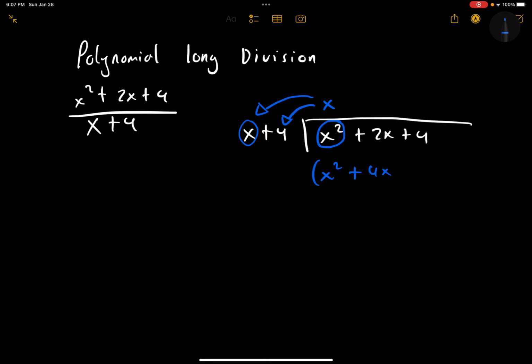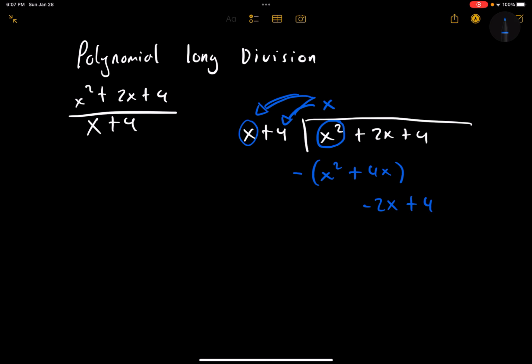And what we do is we take away here, put a negative always into everything you multiplied with, right? And so you do x squared minus x squared, because obviously negative, which is 0. So those two cancel out. And then we do 2x, because we're looking at the top, negative the bottom. 2x minus 4x, because of the negative, don't forget, leaves us with negative 2x. Plus 4 because of the remainder.